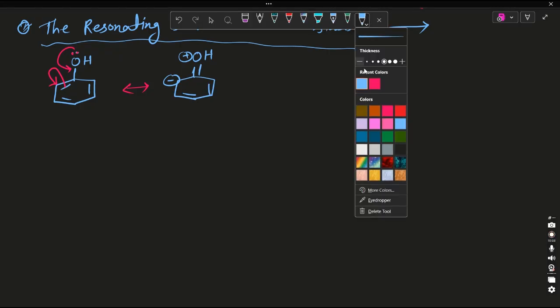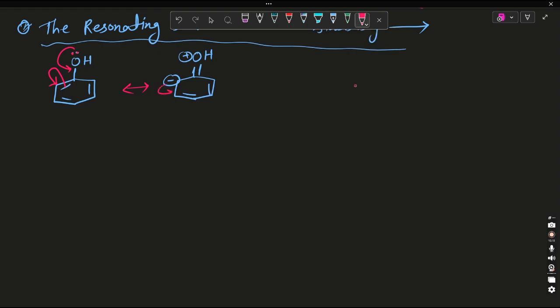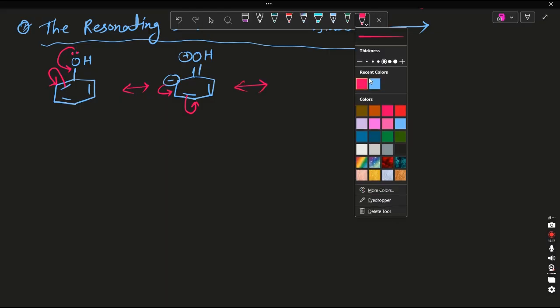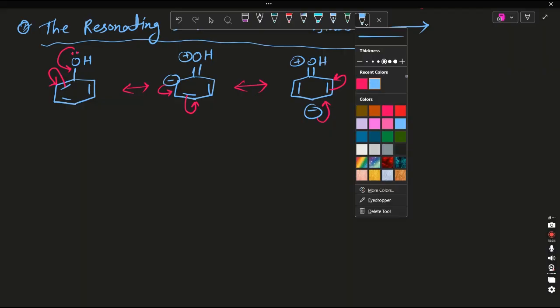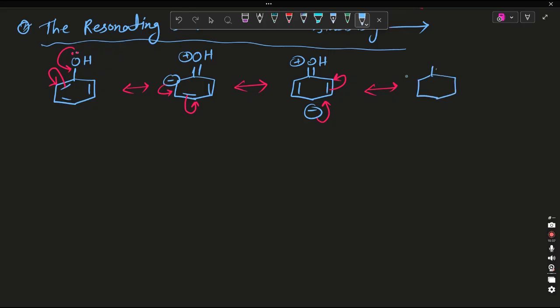After further conjugation, it looks like this. Again, the conjugation is like this and the structure is like this. And lastly, again this conjugation and we get the previous structure, the neutral, original structure.